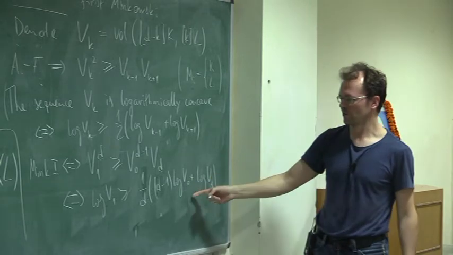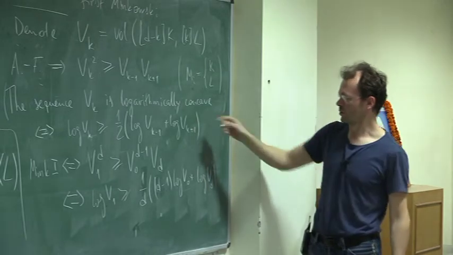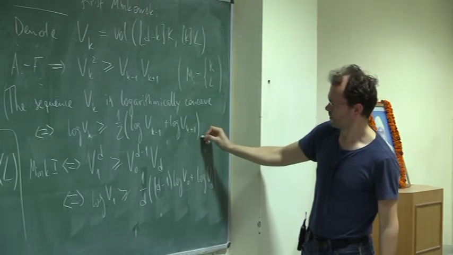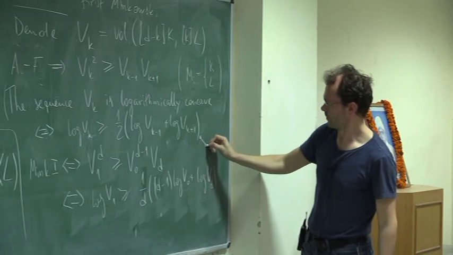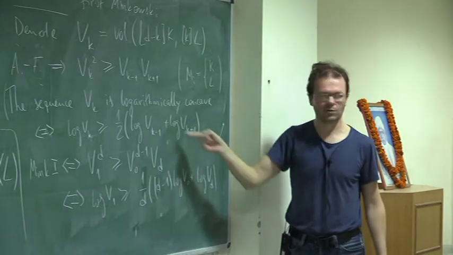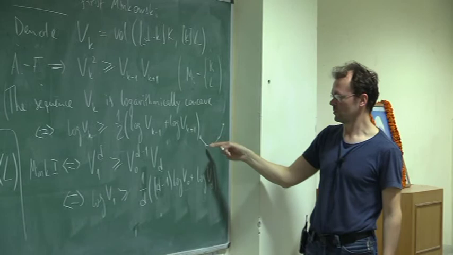But this inequality is implied by these inequalities, because if you construct the diagram of these logarithms of volumes, then it looks like that, because locally it always makes this turn.